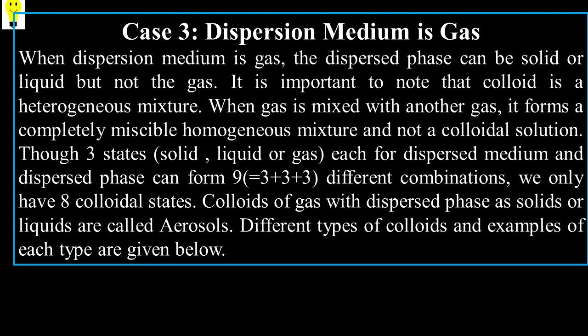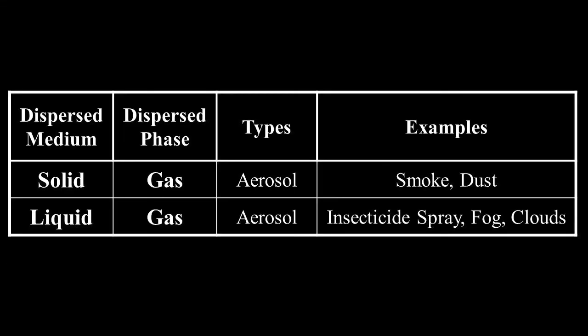Colloids of gas with dispersed phase of solids and liquids are called aerosols. Big in the news, aerosols. Different types of colloids and examples of each type are given below. On the next slide is going to be the chart. There it is. And then on the next slide are going to be the examples.